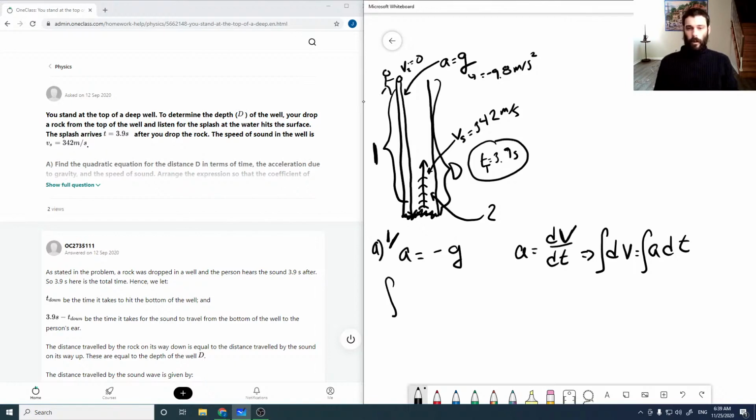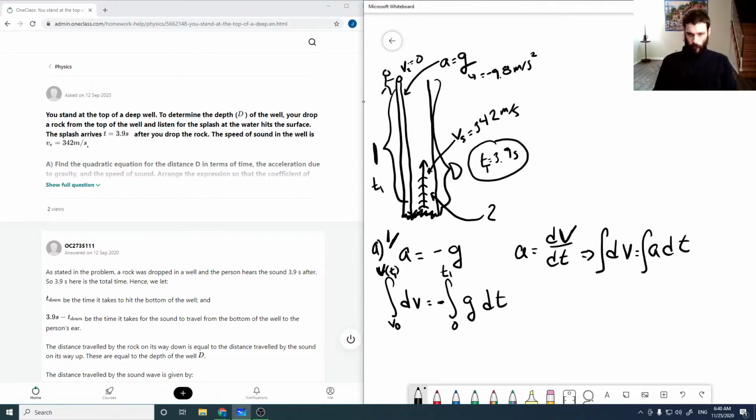So if we integrate from v0 up to v at t, and in this case we might as well call this first leg t1. So we're going to call the entire thing t1, so I'm just going to integrate it all the way up to t1, dv. And that's going to equal the integral, I'm going to bring the minus sign out front, g from 0 to t1 dt.